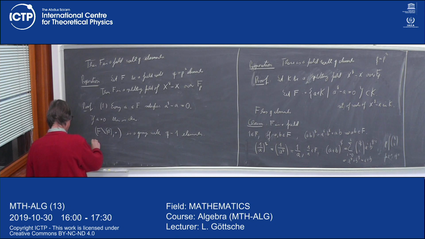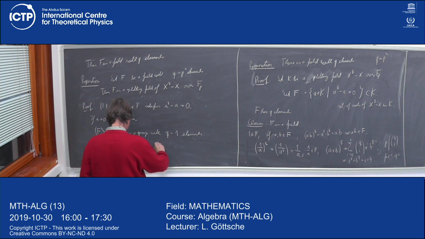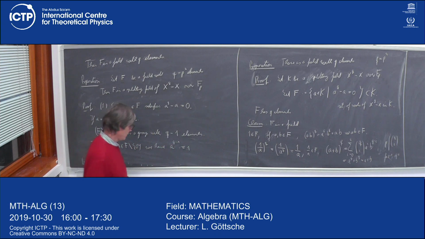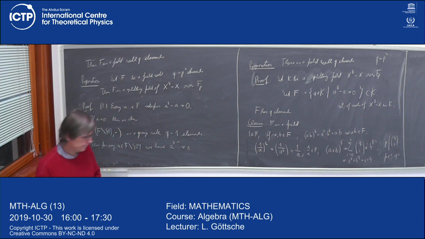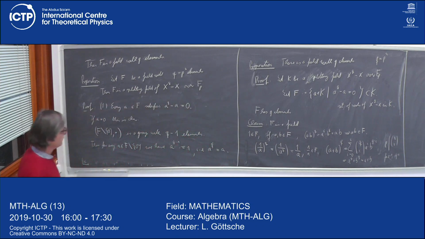So for any A in F without 0, we have A to the Q minus 1 is equal to 1. And so we can multiply this by A, and every element satisfies this equation.